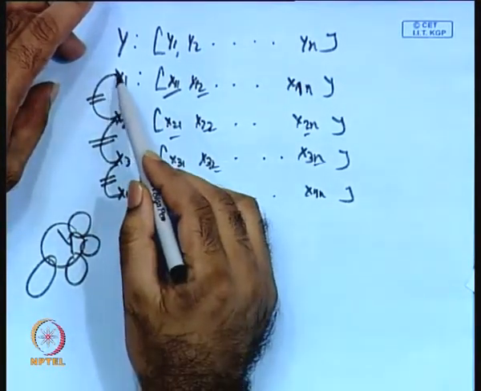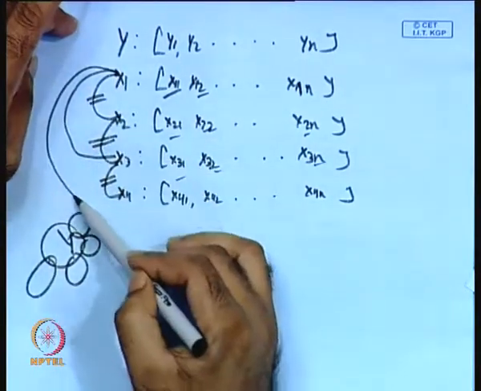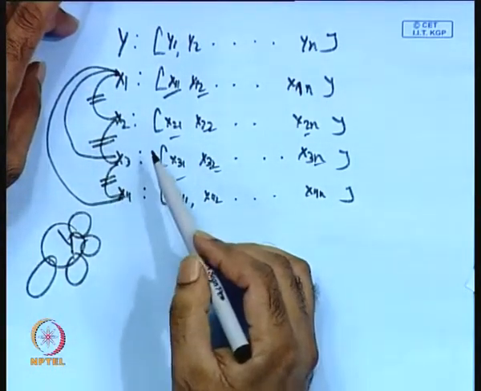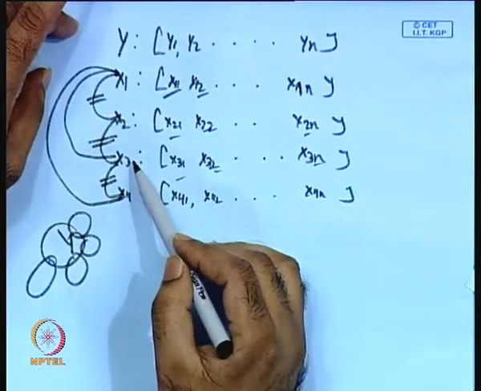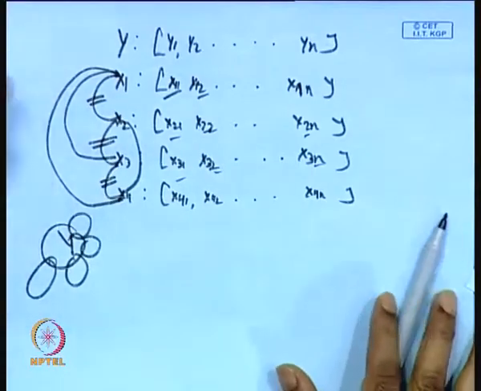Again, the complexity will start with x1 and x3, and with x1 and x4, and then x2 to x4. These are the possible ways you have to find out the linear relationship among the regressors, and these are all essential before going for estimation of this particular multivariate econometric model.